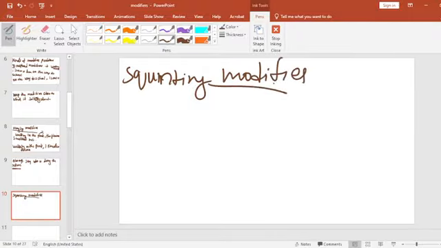You can write it as a funny modifier or confusing modifier for that. Okay, why is it called like that? I'll tell you. I'll give an example also first. Let me give the example.